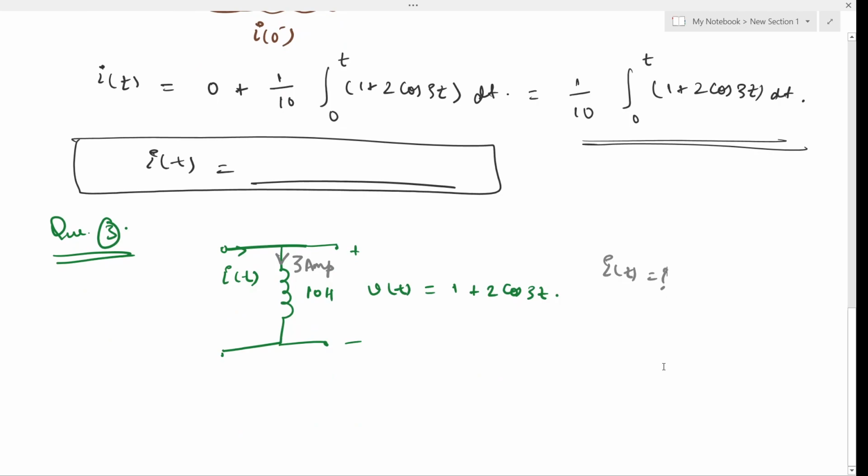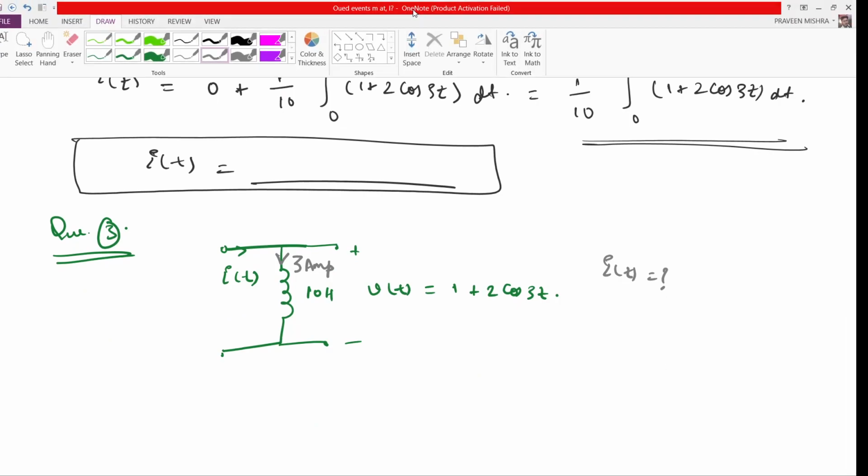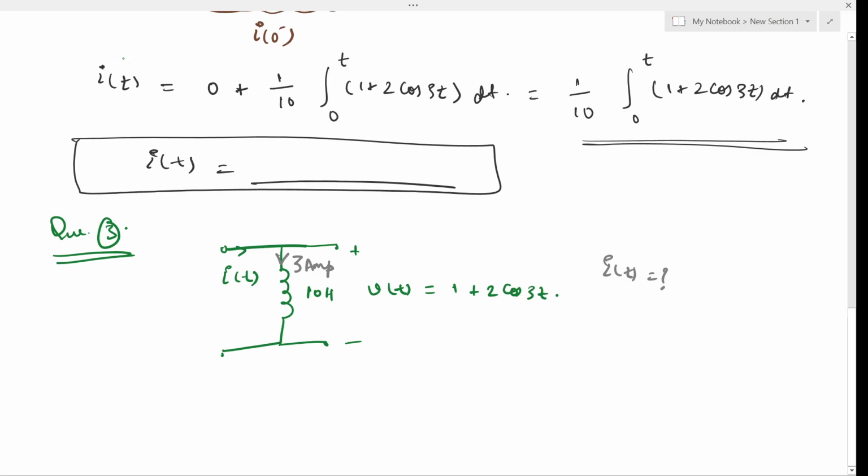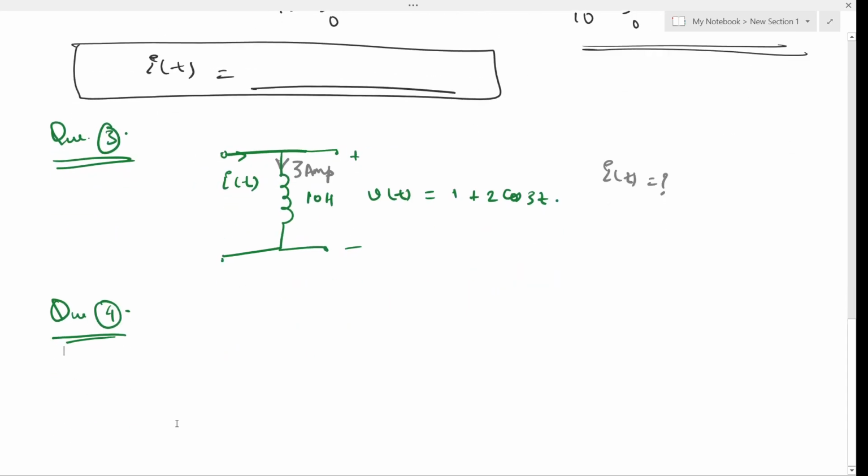And the next question, question number 4: again a capacitor is there, the voltage across the capacitor is small v of t, and the current flowing through the capacitor is i of t.